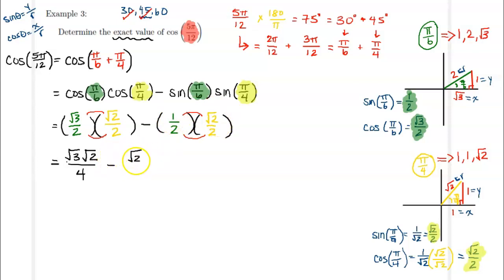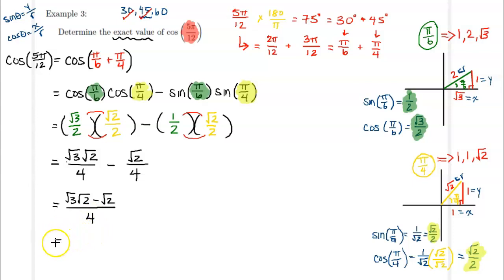And this will be root 2 over 4. There we are. So now I have to subtract my two fractions, and I can only do that if they have the same denominator, and they do. So I'm all set there to simply subtract the tops, all over now the same denominator.